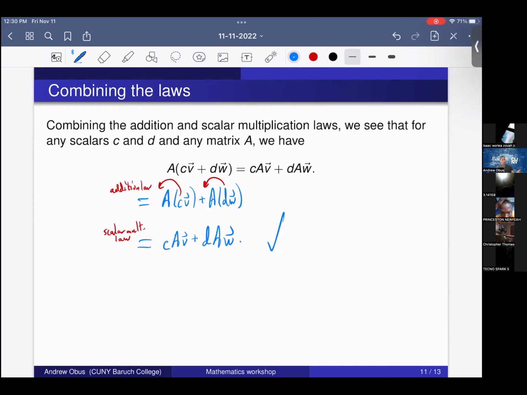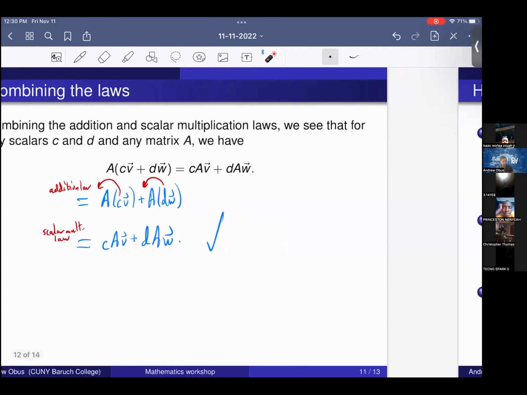So this is a general law that combines both the addition law and the scalar multiplication law. It says you can pass addition and scalar multiplication through matrices: you can factor this into two separate pieces, and then pull out the scalar. Okay.